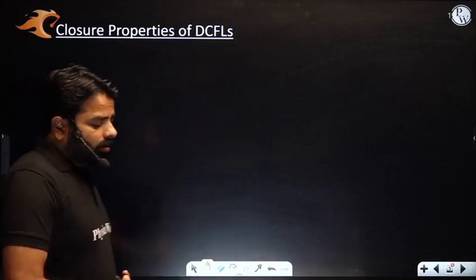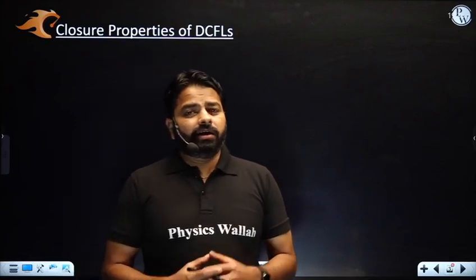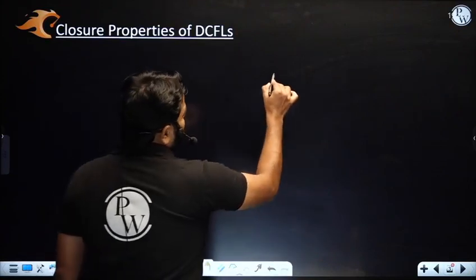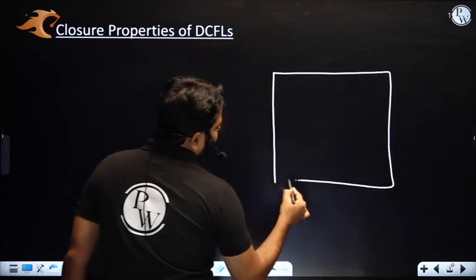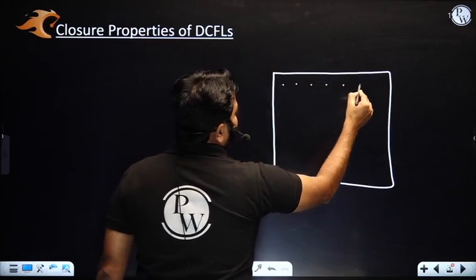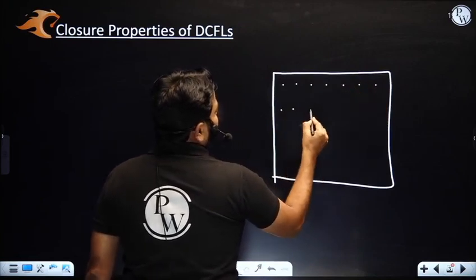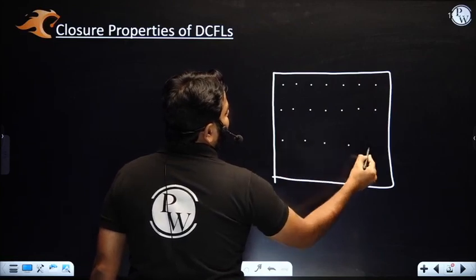What do we mean by the closure properties of DCFLs? We have the domain. Here we have the deterministic context-free languages. Assume each dot is one language. How many languages are there here?